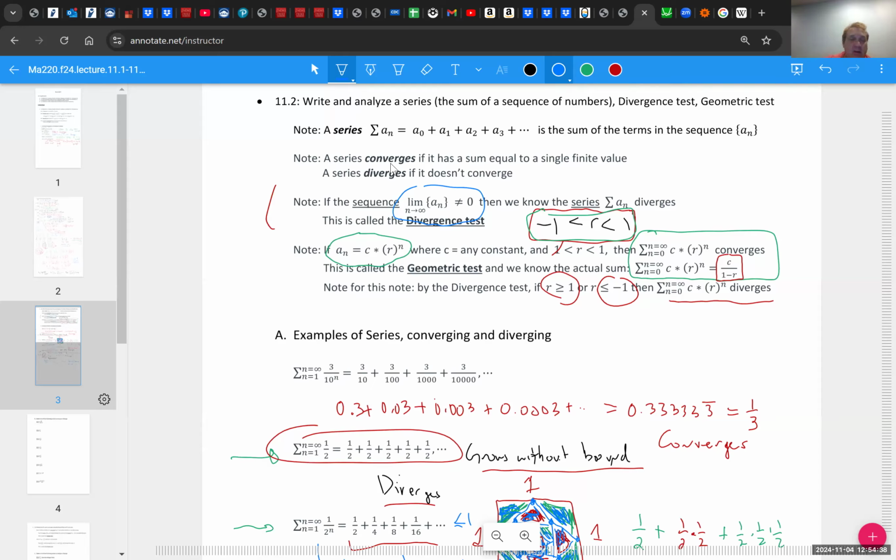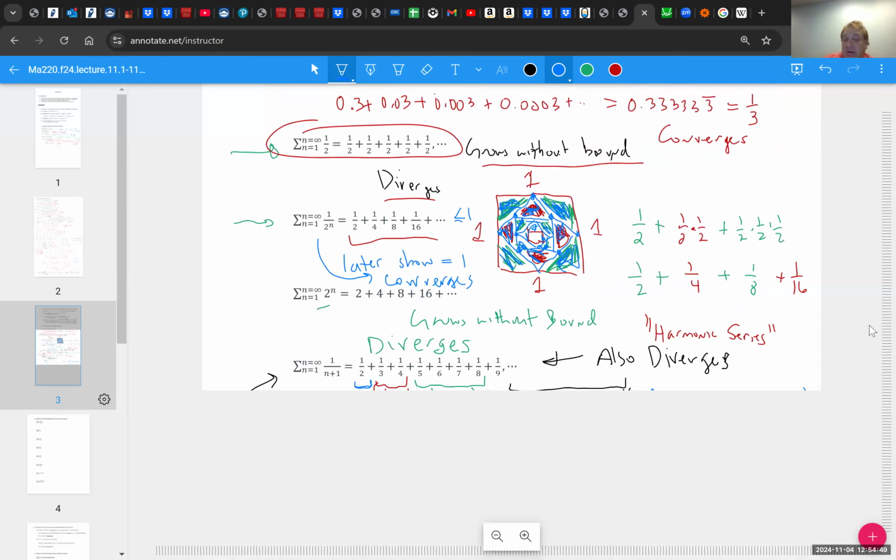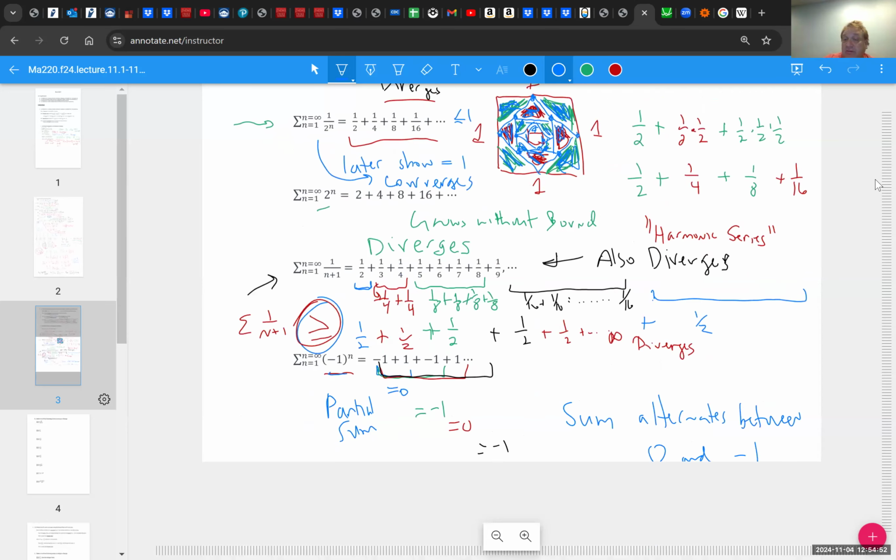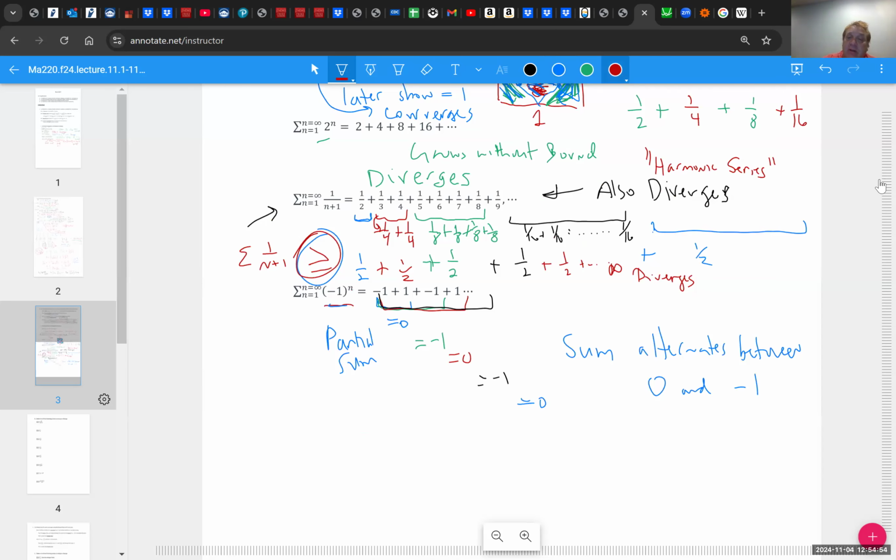It cannot be a combination or a multiple or different versions of a finite value. You can't have choices. It's got to have a single value or it does not converge. This alternates between two values. It's either 0 or -1. So therefore, this series diverges. The sum does not equal a single finite value. It alternates between two finite values, but that unfortunately is not converging.